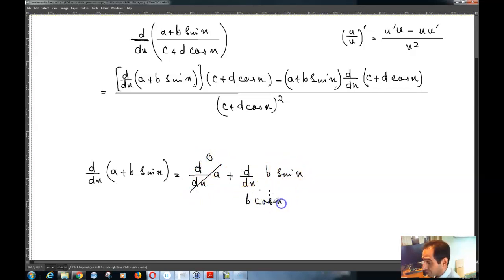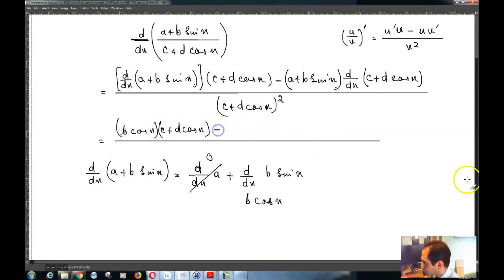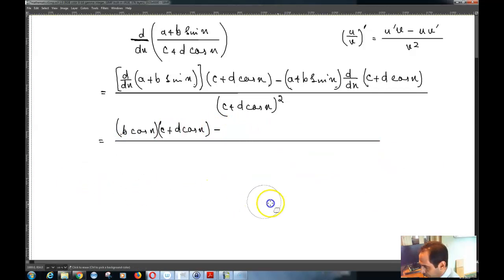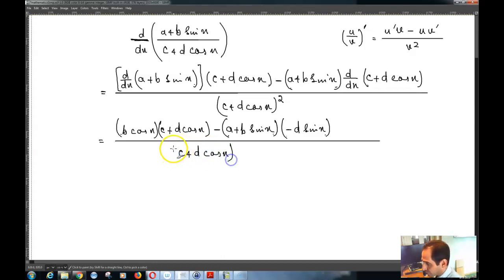So you have b times cos x times c plus d times cos x, and you want to subtract from that this function a plus b times sine x multiplied by the derivative of this function, which is negative d times sine x, over c plus d times cos x whole squared.